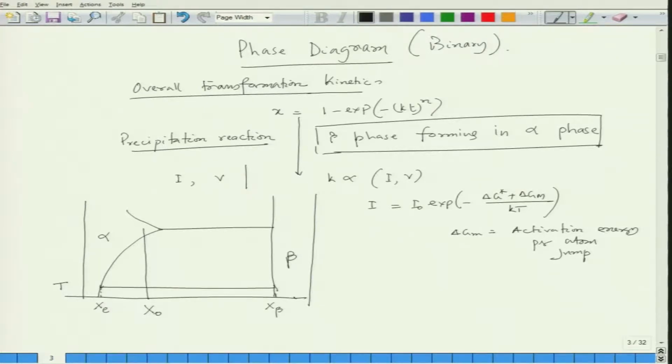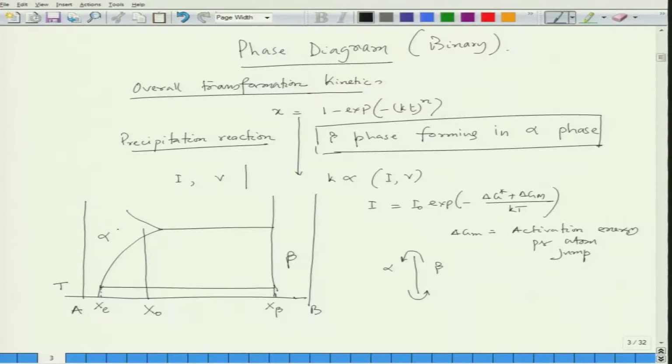In this case there are two aspects. One is if I have, let us say, alpha and beta interface, those atoms are jumping. Another important aspect I would like to mention is A rich and B rich. If the phase becomes B rich, then we term it as beta, and if the phase becomes A rich, then we term it as alpha phase, and alpha is a solid solution.